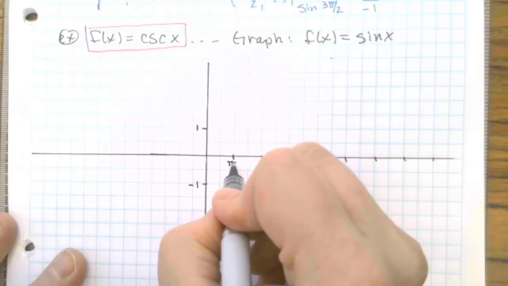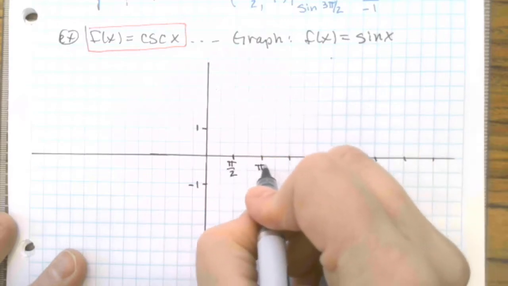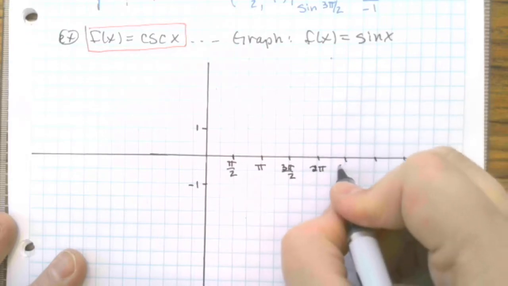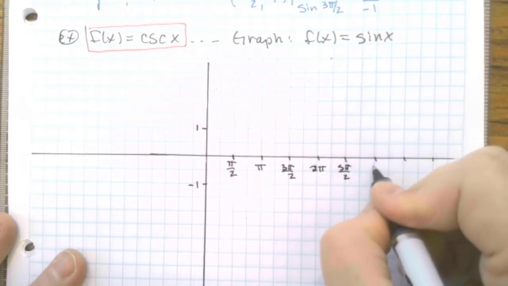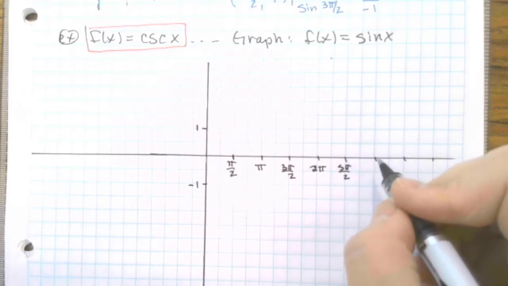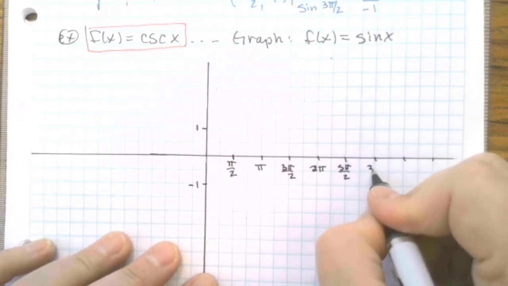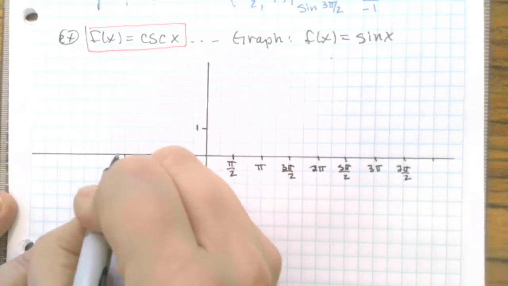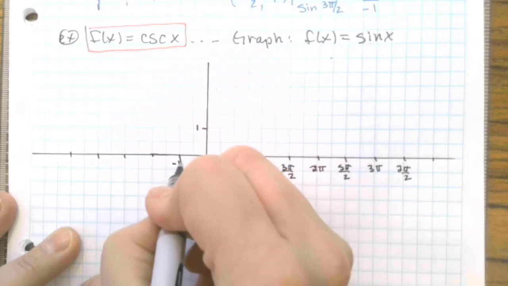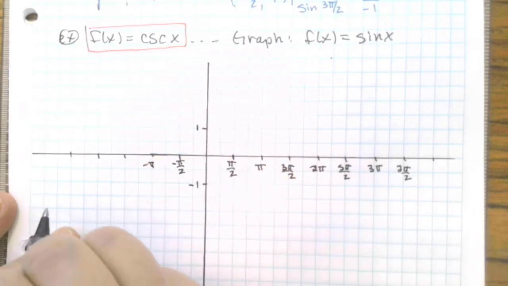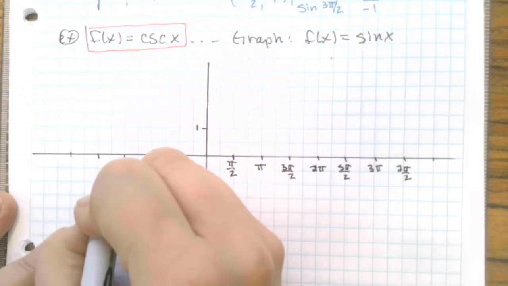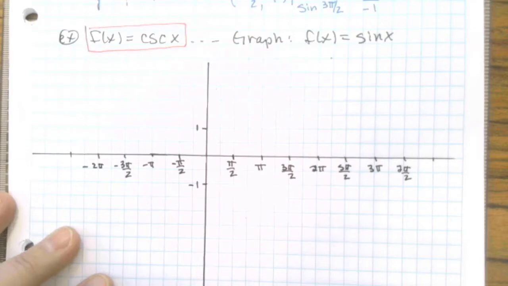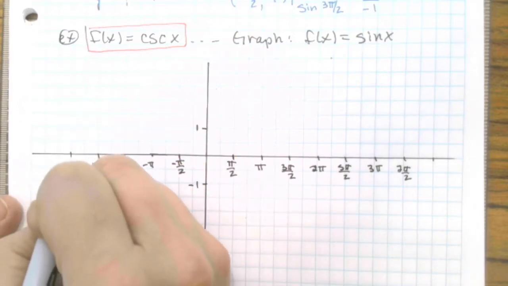These are all at intervals of 90 degrees: pi over 2, pi, 3 pi over 2, 4 pi over 2, 5 pi over 2, 6 pi over 2, which is 3 pi, 7 pi over 2. This is just our normal axis for a sine or a cosine graph. Then negative pi over 2, negative pi, negative 3 pi over 2, negative 2 pi, negative 5 pi over 2.